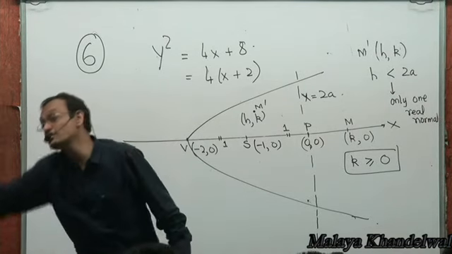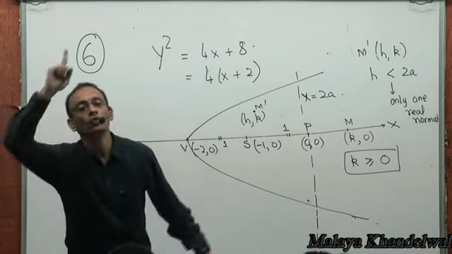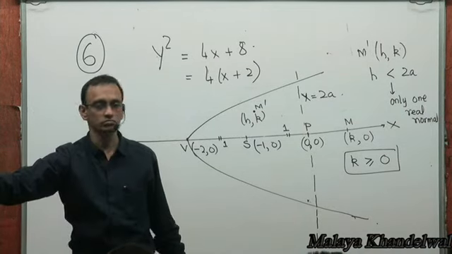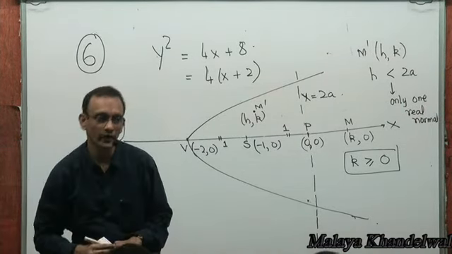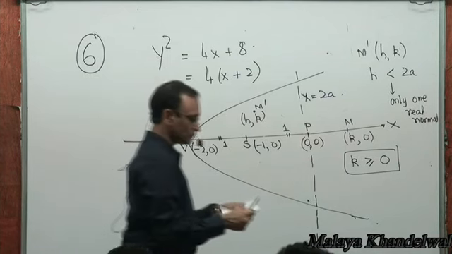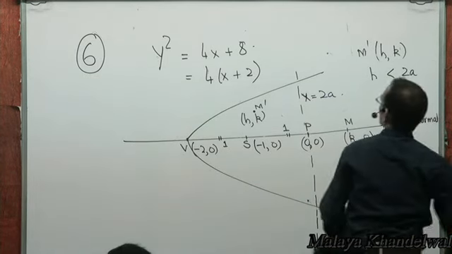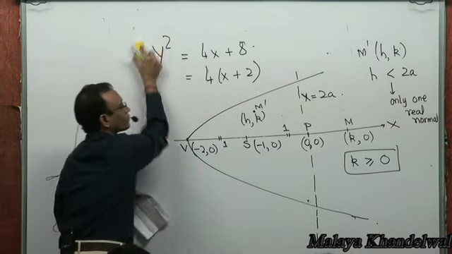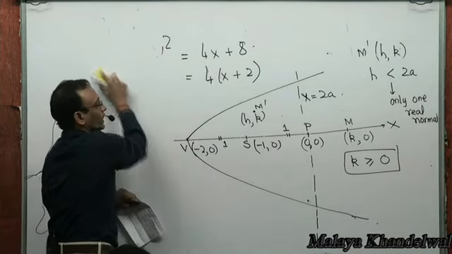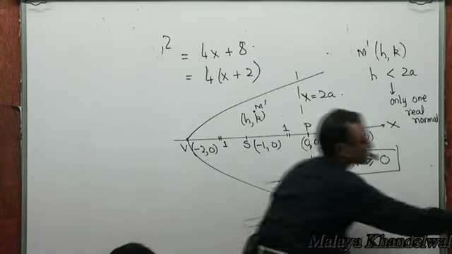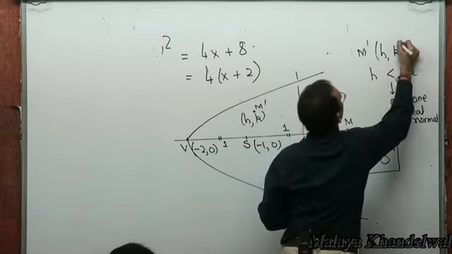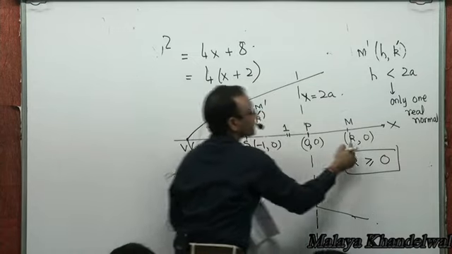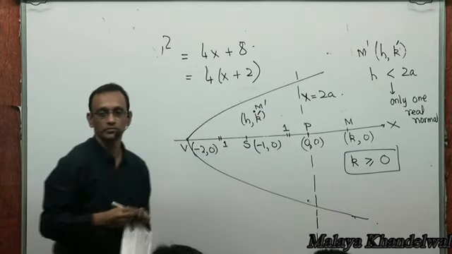That is possible. But h less than 2a will certainly mean only one real normal. That's for sure. Right? I mean, this k is different from this k, so not to confuse you, call it k prime, because this k is for the problem.